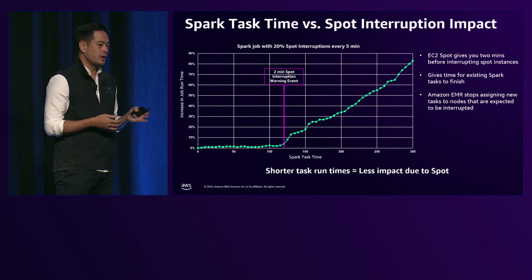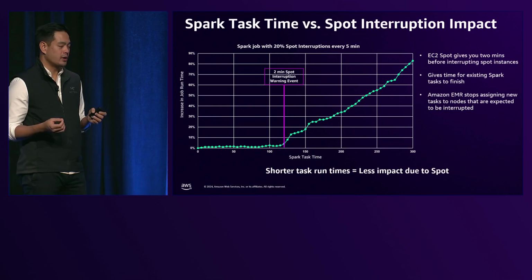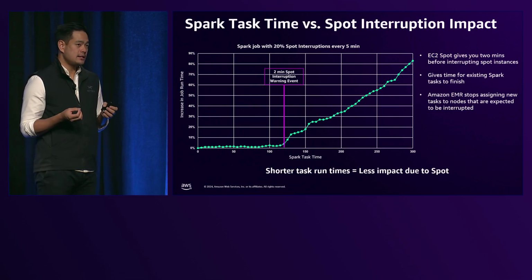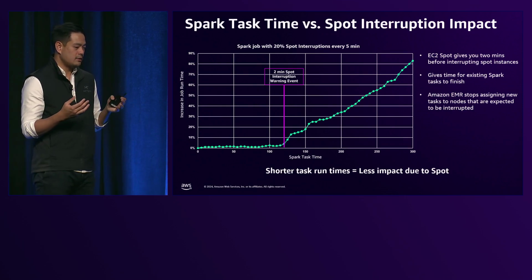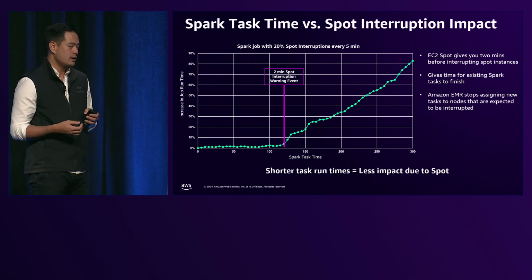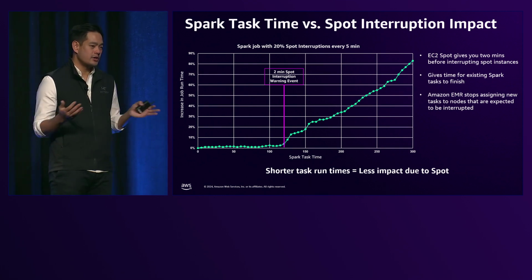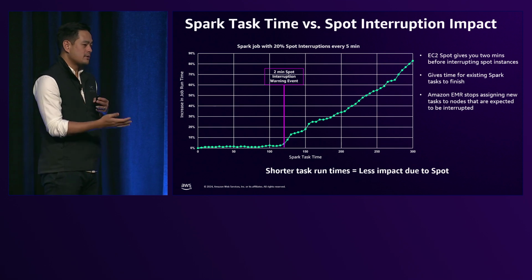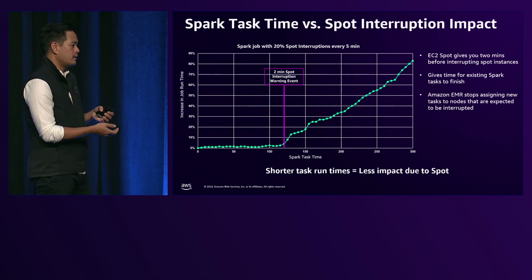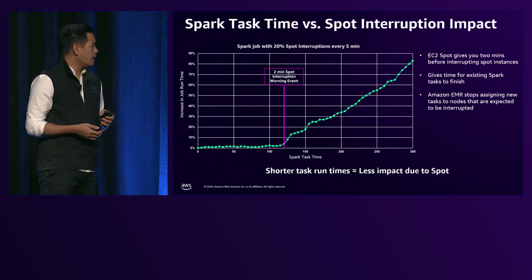And the reason this occurs is because when a Spot interruption occurs, EC2 gives you a 2-minute window or grace period to finish running everything before it takes the node away.